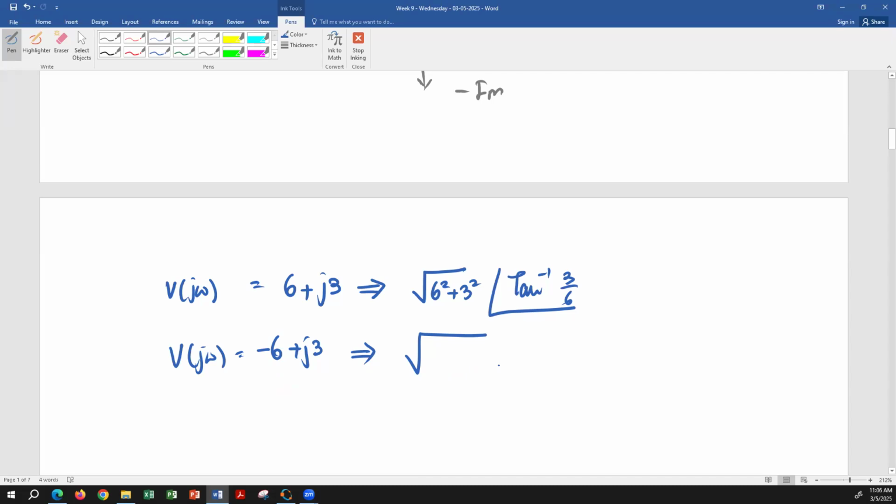Magnitude does not change. It's going to be the same, a square plus b square, right? It's still going to be negative 6 square plus 3 square, which will be the same as 6 square plus 3 square.